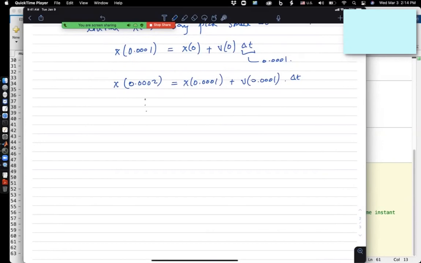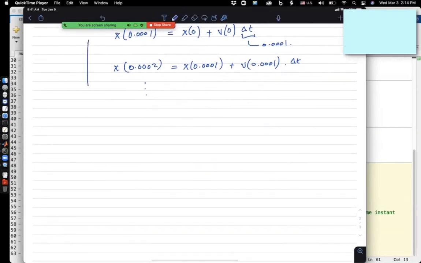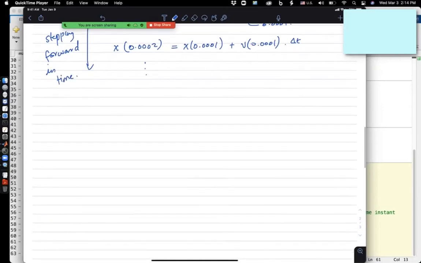So in this manner, you can just keep updating x, and you'll basically get x as a function of time because we are just stepping forward in time. So this is called stepping forward in time to get x of t.